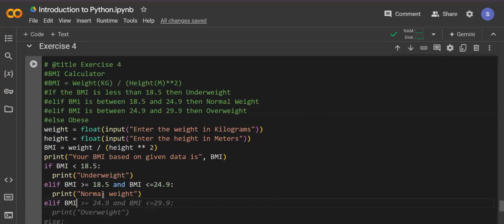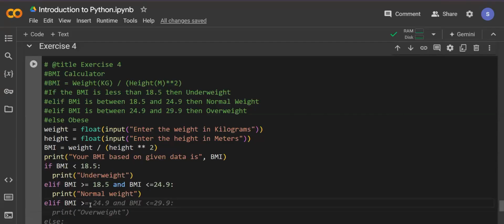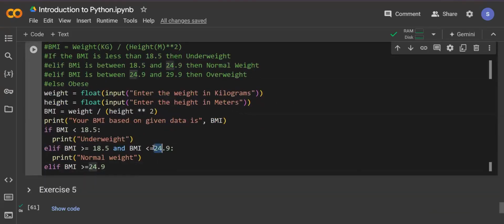If BMI should be between 24.9 and 29.9, it should be greater than 24.9. One thing here: we cannot use both less than or equal to and greater than or equal to at the boundary; any one of them we can consider.